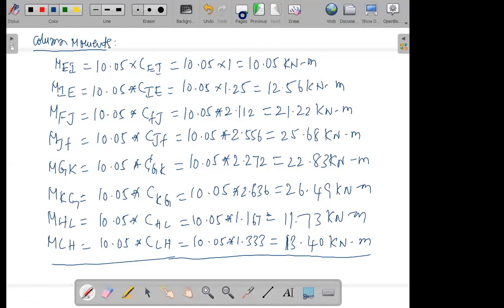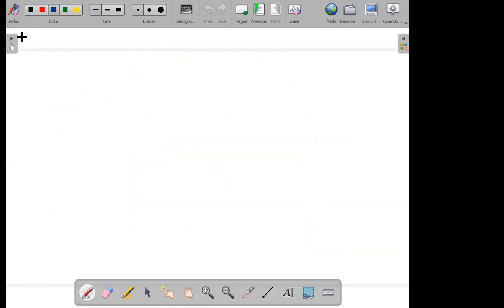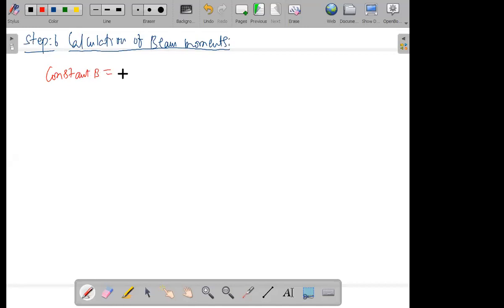Next, in another step, step 6, the last step, we have to do the calculation of beam moments. As I explained in the stepwise procedure, first we have to calculate the constant B. So what is constant B?